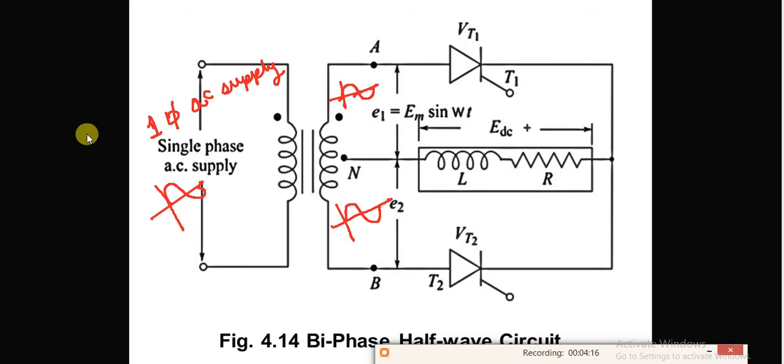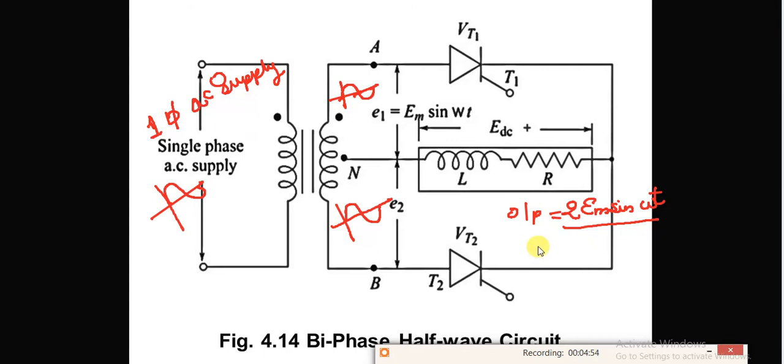And the output voltage is equal to twice Em sin omega t. Why this 2? Because it is a center tap transformer.